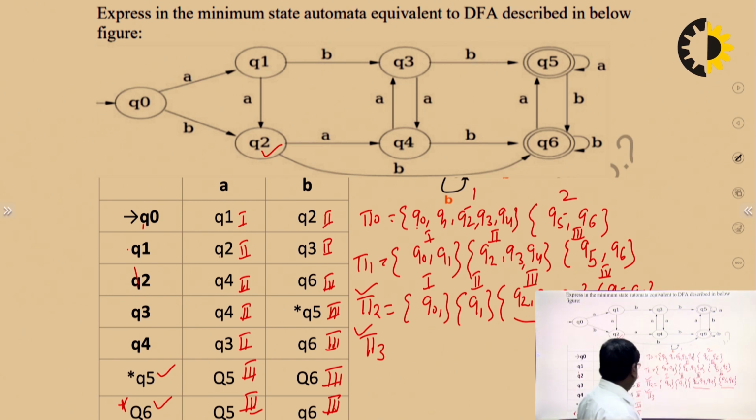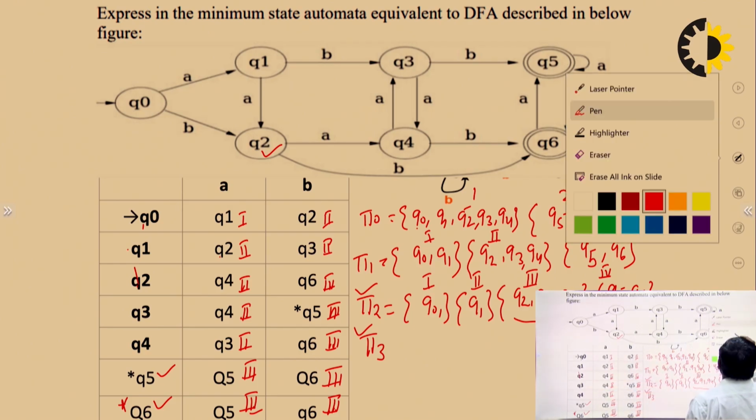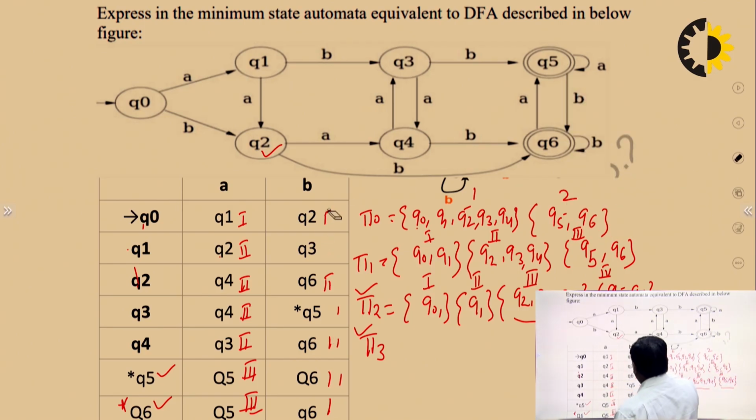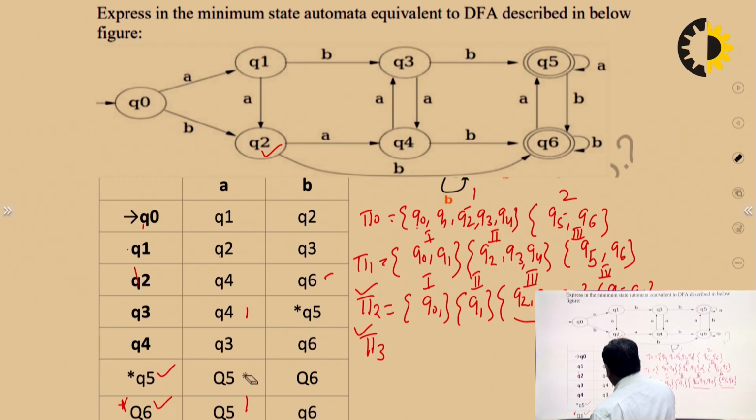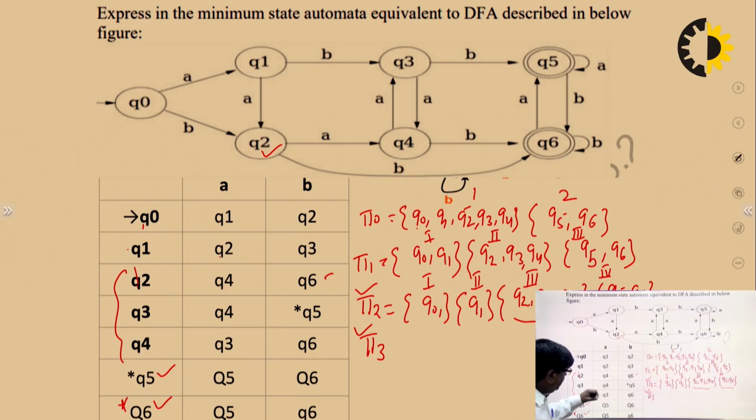Now, check again. Check this one. Q2, Q3 and Q4. Only we are checking these three states. Now, Q3 and Q4. So, where does Q4 lie?